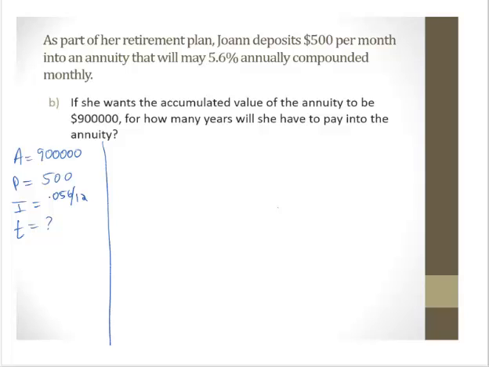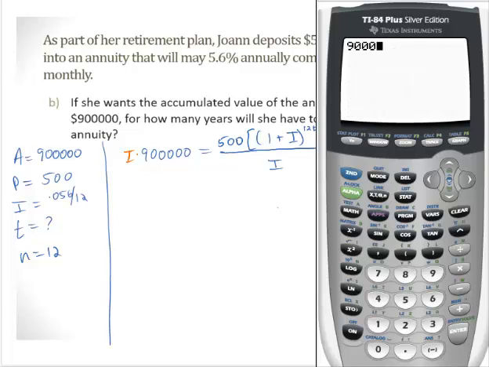So using the same formula, we have now 900,000 is equal to P, which is 500, by 1 plus I to the NT, and N is 12, so 1 plus I to the 12T minus 1, over I. To solve for this, the first thing I'm going to do is take that $900,000 and multiply by I on both sides. 900,000 times I gives me 4,200.